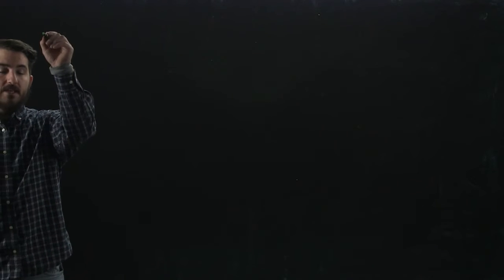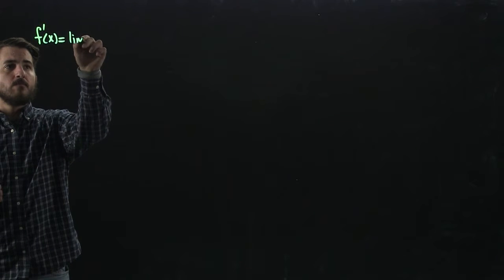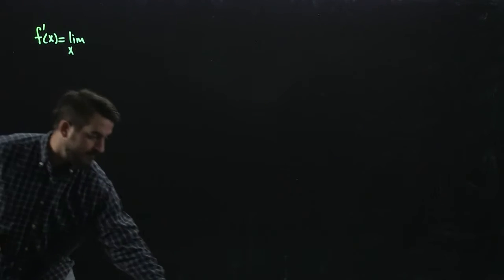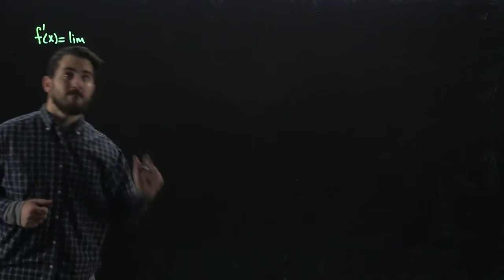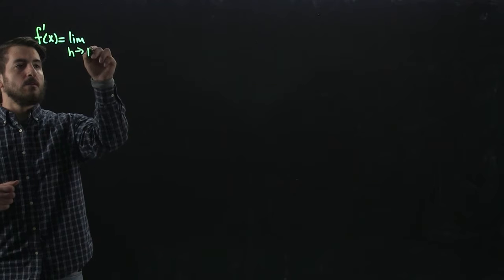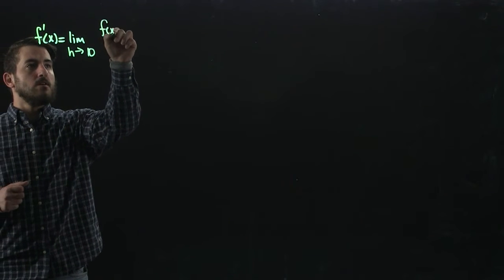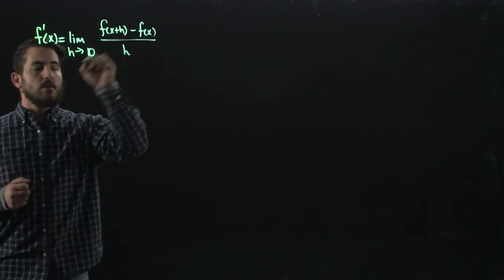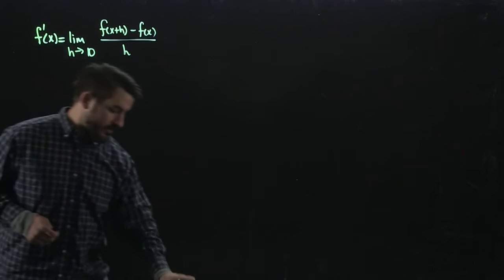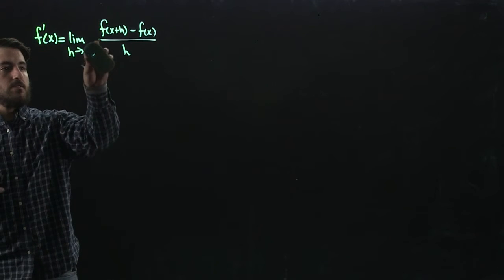Hello. Today we're going to be talking about evaluating the limit of a function using the limit definition of the derivative. Remember, the limit definition of the derivative is... and so what we want to do, let's make sure this is a 0.